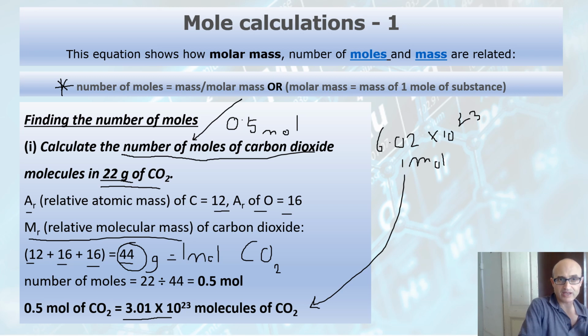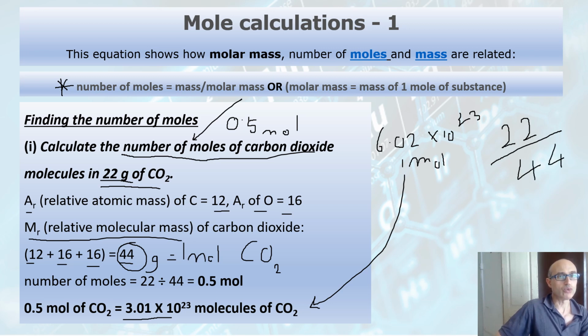Now look at the equation that you have at the top. The number of moles, okay, so the number of moles, which is what I want to calculate, is equal to the mass. The mass was given to us. It was given as 22 grams, okay, all over the mass of 1 mole. The mass of 1 mole of carbon dioxide is 44.